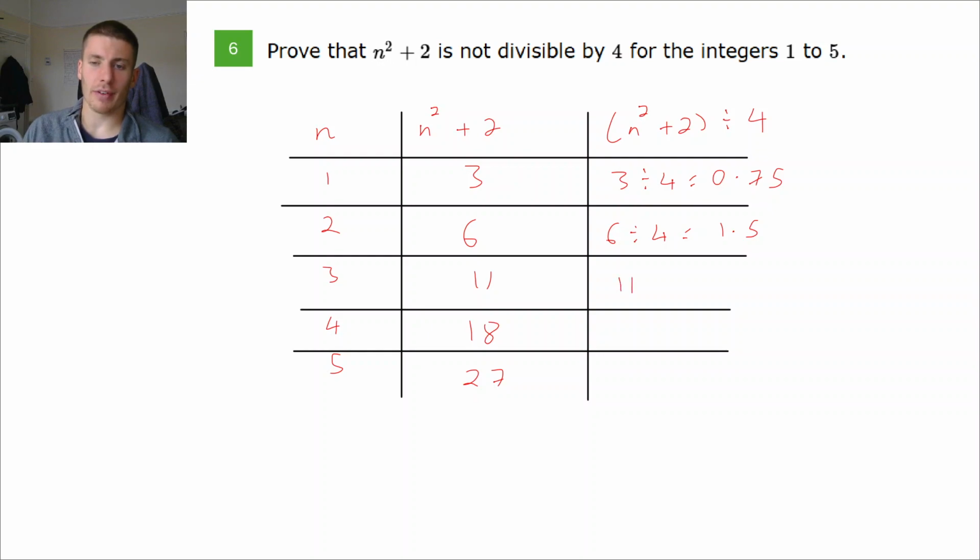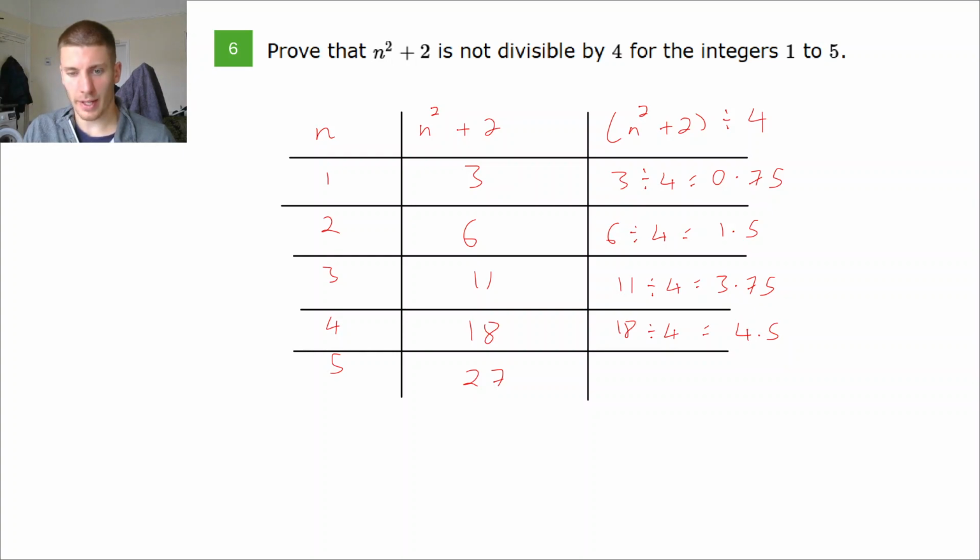We've then got 11 divided by 4, which is equal to 3.75, again not an integer. We've then got 18 divided by 4, which is equal to 4.5, which again is not an integer.